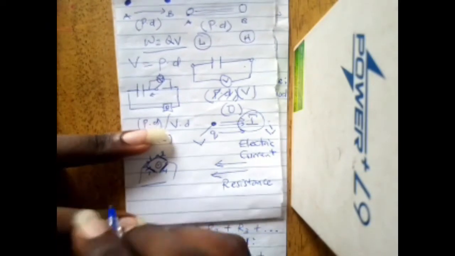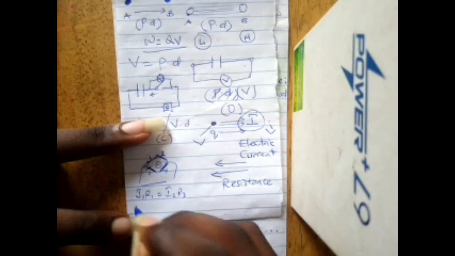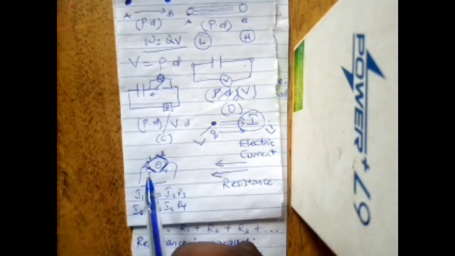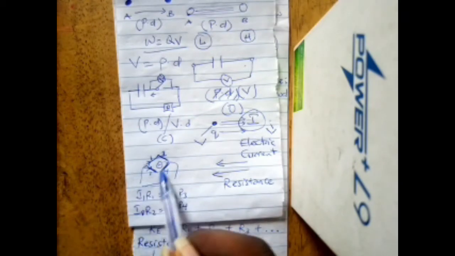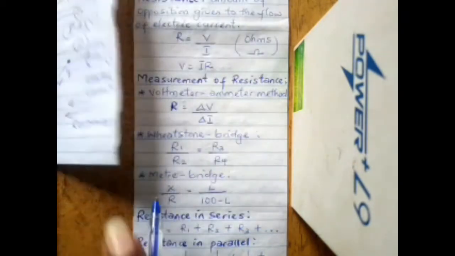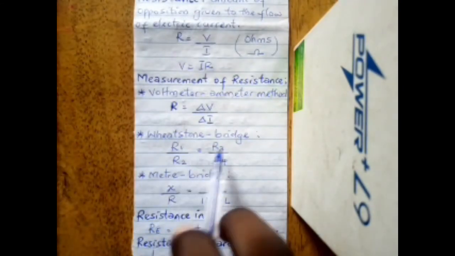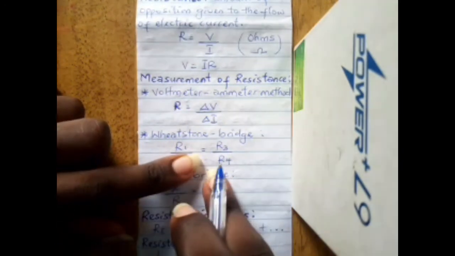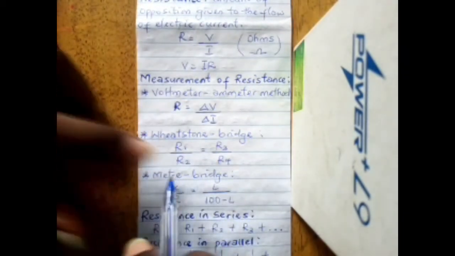By analyzing these two equations, you're able to show the relationship between the four resistances connected in this form in a closed circuit. So for us to find any unknown resistance, since we know that R1 over R2 is equal to R3 over R4, if we are asked to find R2, you can simply change the subject and find R2. Or if R4 is unknown or R1 is unknown.